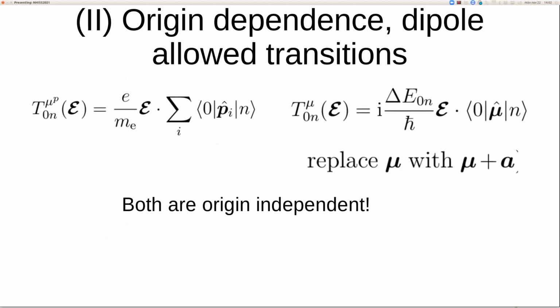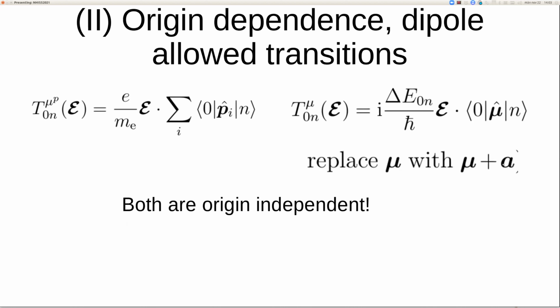When it comes to the dipole approximation, we have that both of these expressions, the momentum operator explicitly is origin independent. For the dipole operator, if I shifted it, I would get a constant. But since the two states are orthogonal to each other, the contribution for this term would disappear.